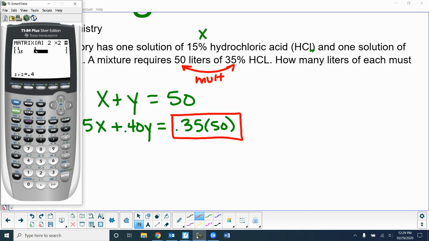And then get out of there, quit, go back in, edit the B, which is 2. We're back to a 2 by 1. Okay, then I got my 50. And you don't have to figure that out before you put it in. You can just put it in as 0.35 times 50, and it'll do it right in there for you. I wanted to show you that.